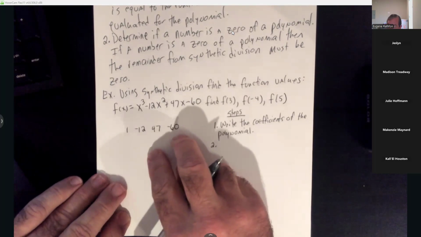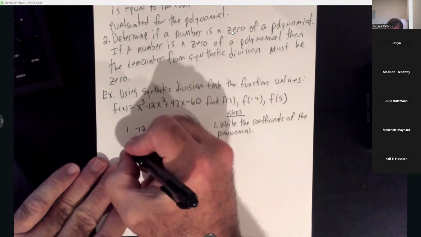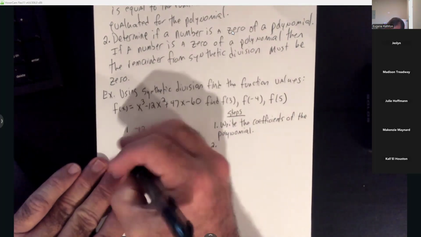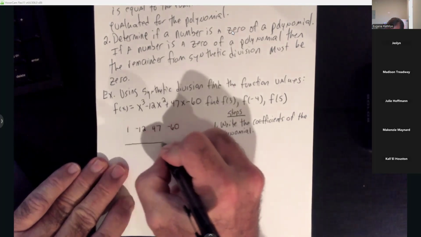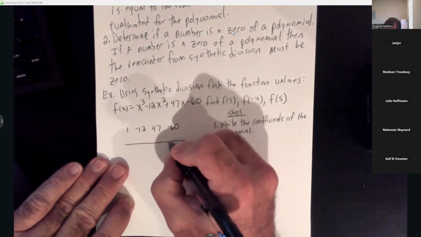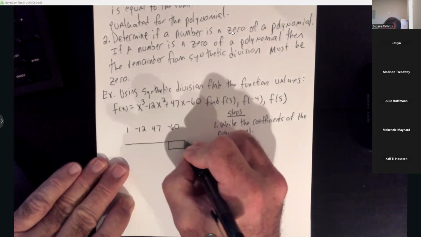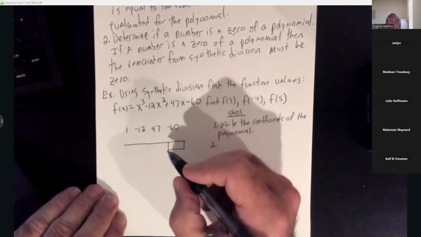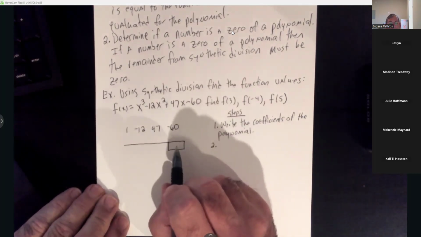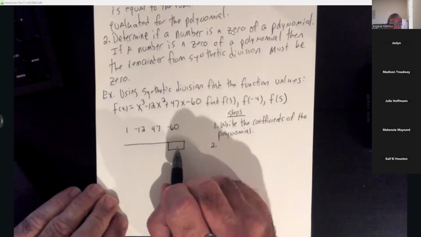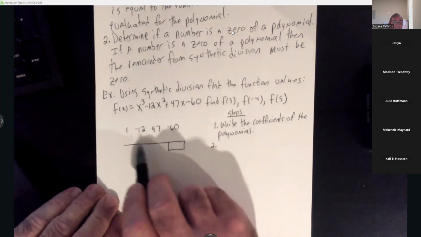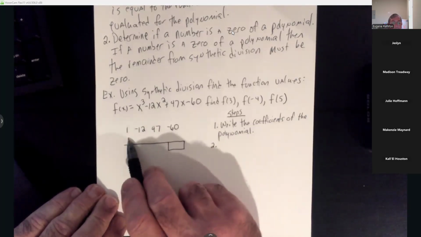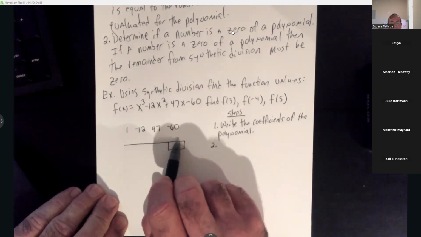Next, I'm going to set this up. So next, I'm going to leave a little space in here, and I'm going to draw a line, and I'm going to box under the last column. This little box right here is going to be the remainder when we're done, okay? But leave a little space in here because we'll be writing numbers here, okay?